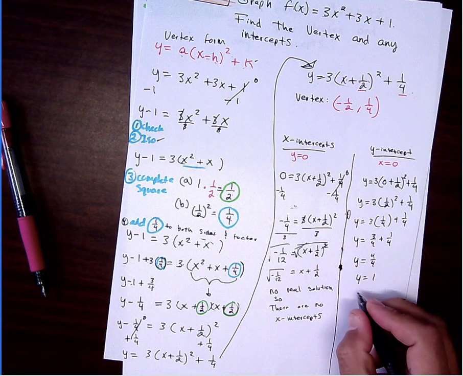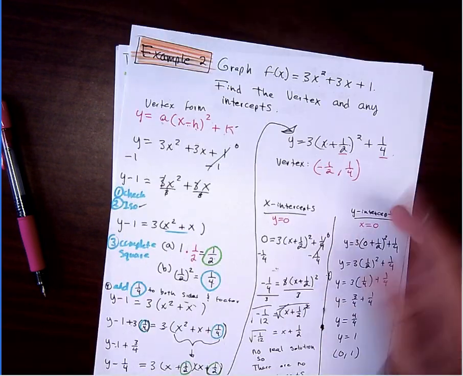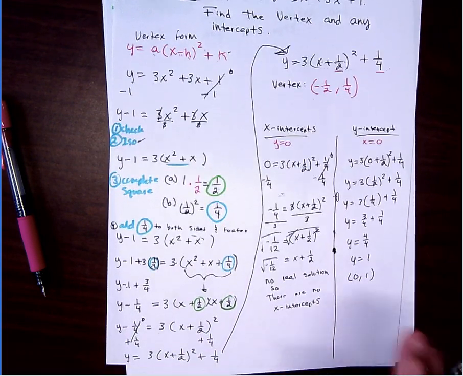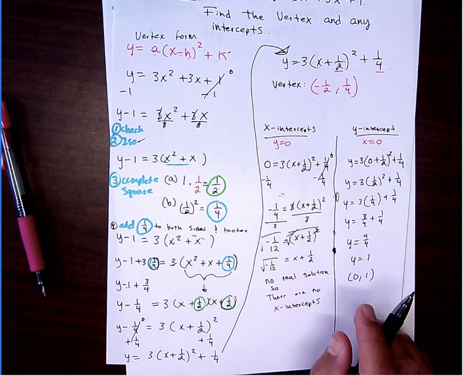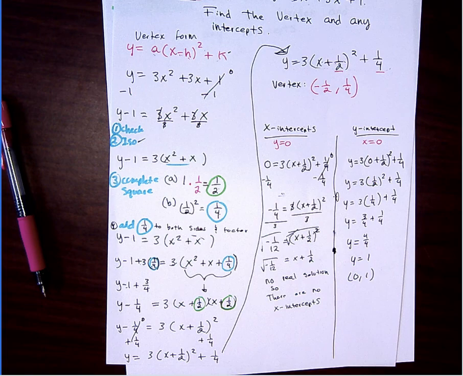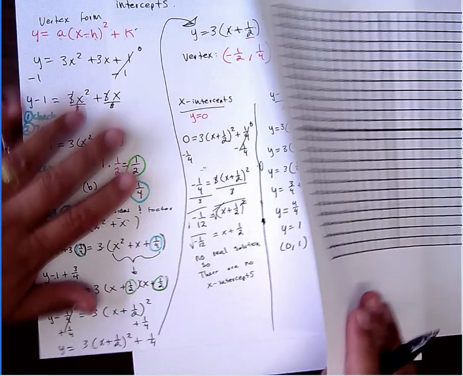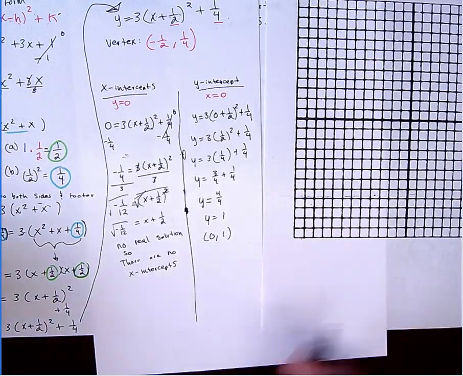So the y-intercept is 0, 1. Like we said, it's already here. So I don't know what to make it do. So now we can graph. Even though it's going to be one of those weird graphs. Let me see. Yeah, it's going to be one of those weird ones. So we have everything that we need.